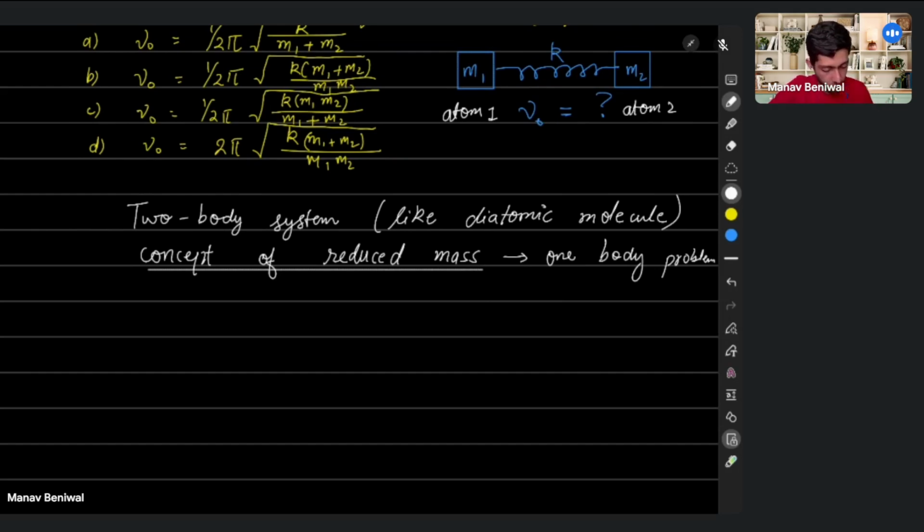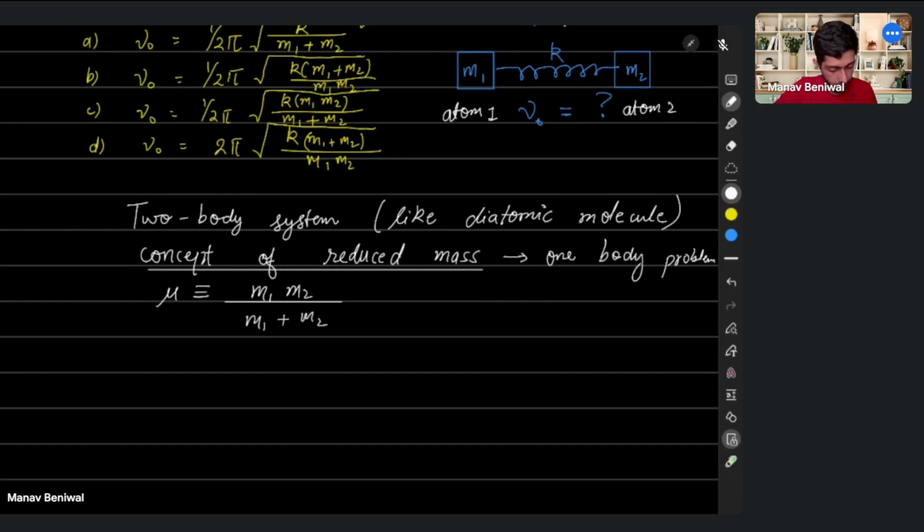And how do you define this? The reduced mass mu is defined as m1 m2 divided by m1 plus m2. This is how we find the reduced mass, and this accounts for both masses.